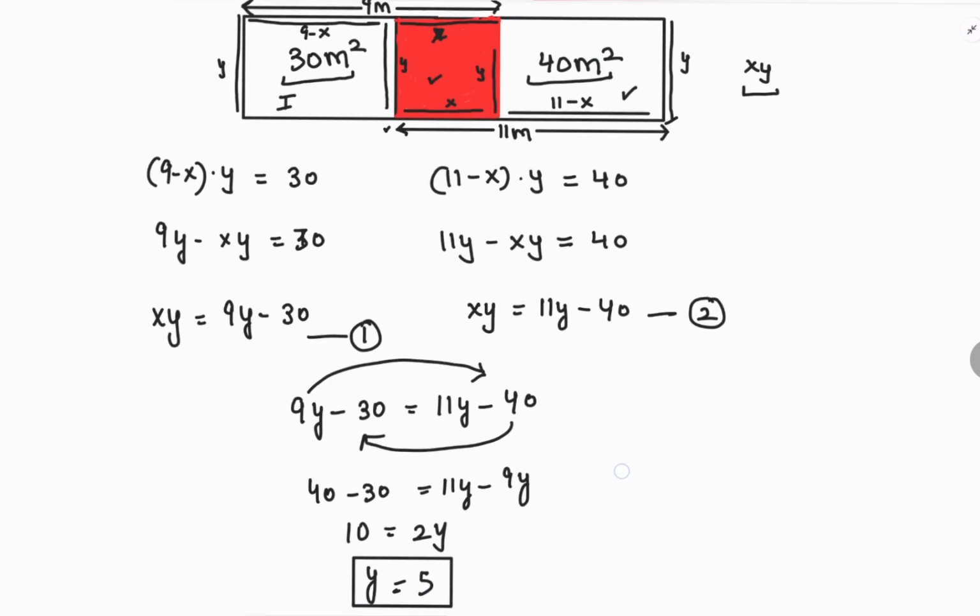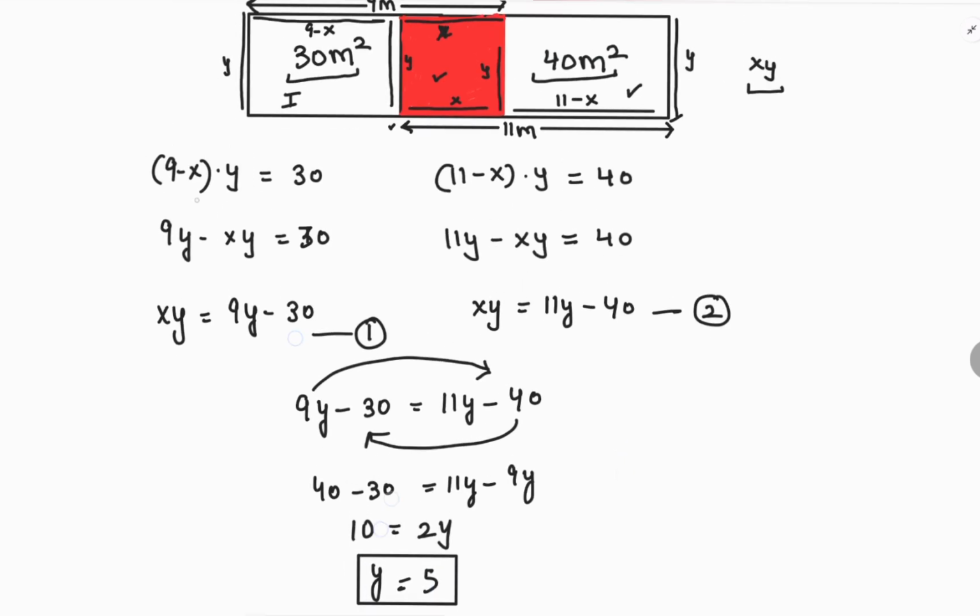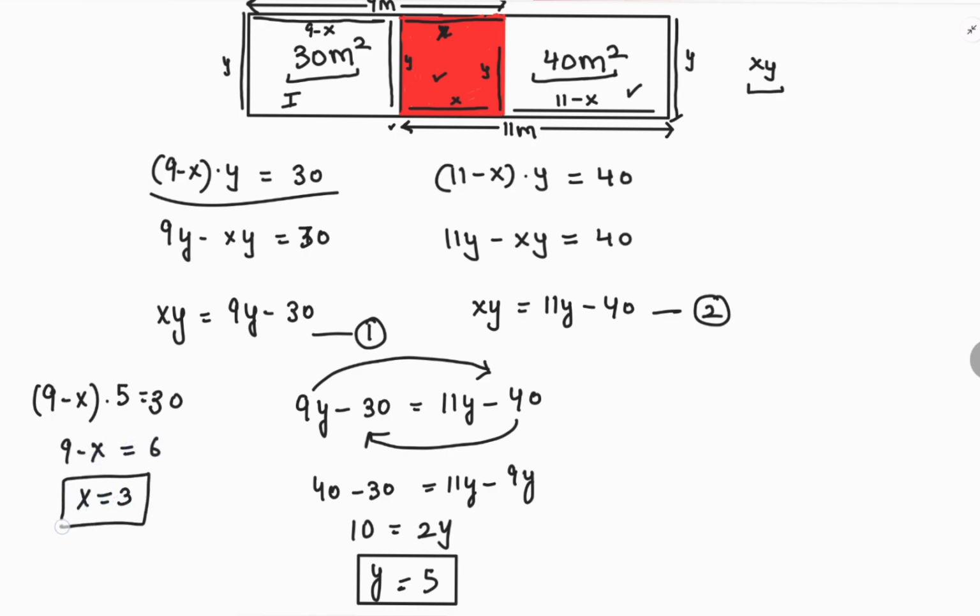So if y is 5, you can just substitute the value of y in any of these equations. So 9 minus x times 5 is equal to 30. That means 9 minus x is equal to 6, and that means x is equal to 3.